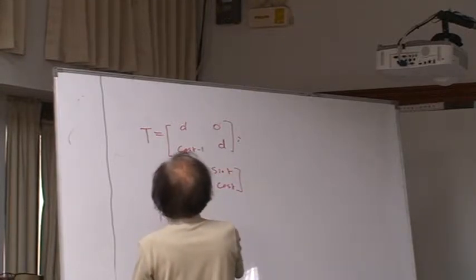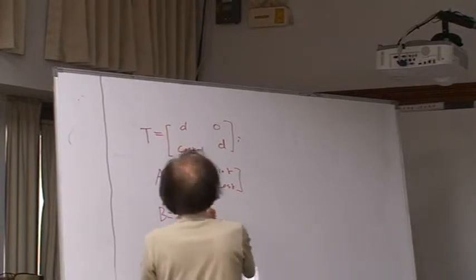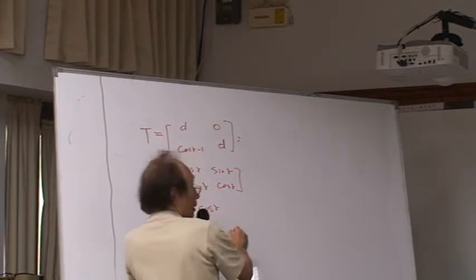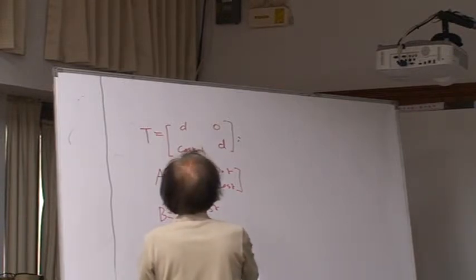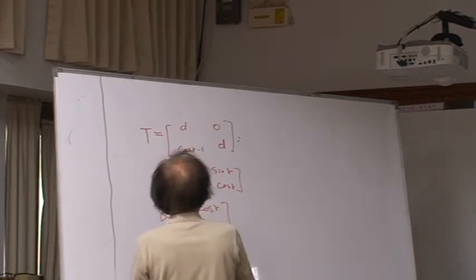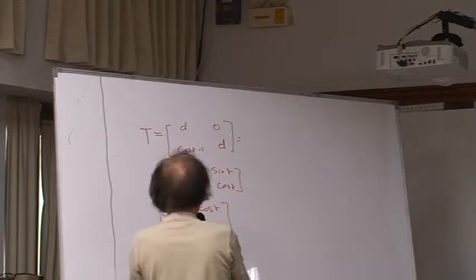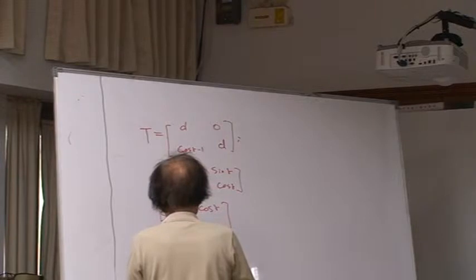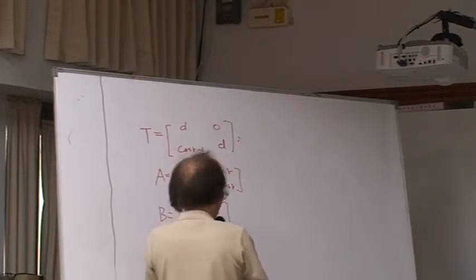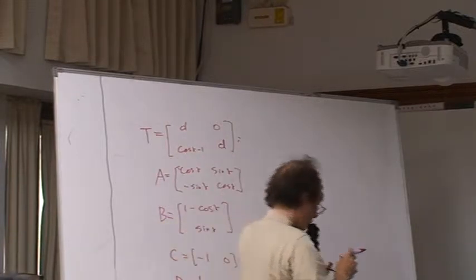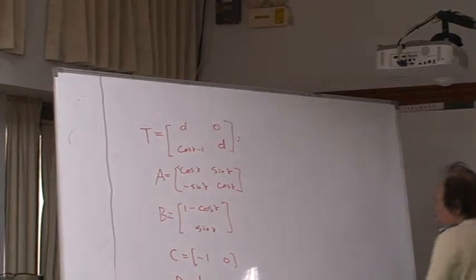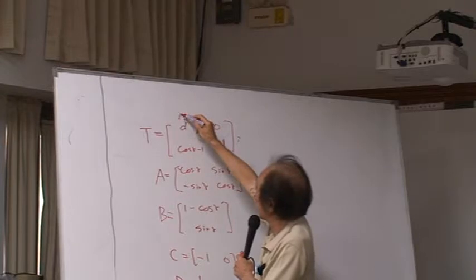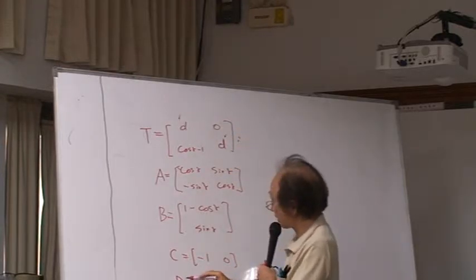My B is equal to 1 minus cosine gamma and sine gamma, C is minus 1, 0, and D equal to D. If you look carefully, the first term D here is exactly the same as my D.